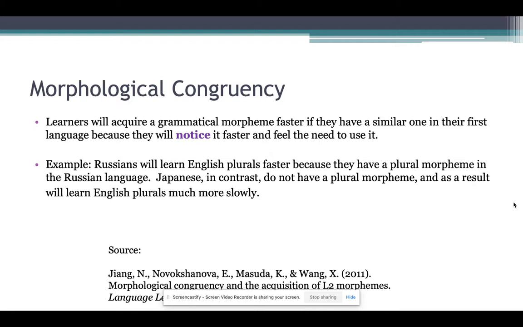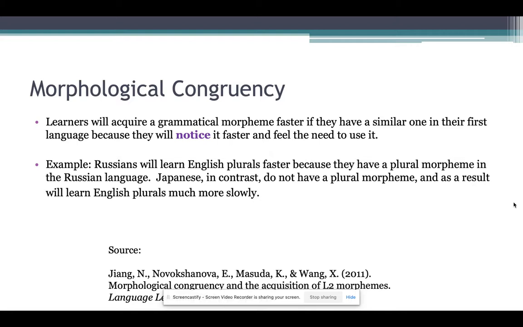This causes them to be faster to consciously notice the form in the L2 that is similar to the one they have in the L1, and it causes them to try to use the L2 form more consistently because they feel they need it. In other words, if you have something in your first language and then you're learning a second language, you feel you need it in the second language, and you're actually looking for it. Like, you're trying to speak in the second language and you're like, oh, I need a plural. How do I do plurals?